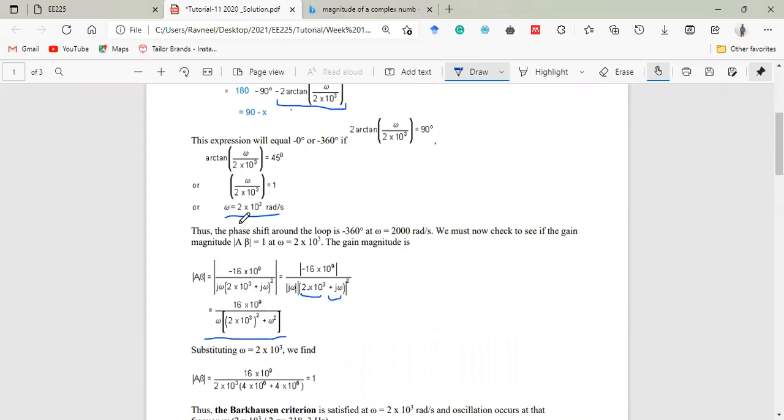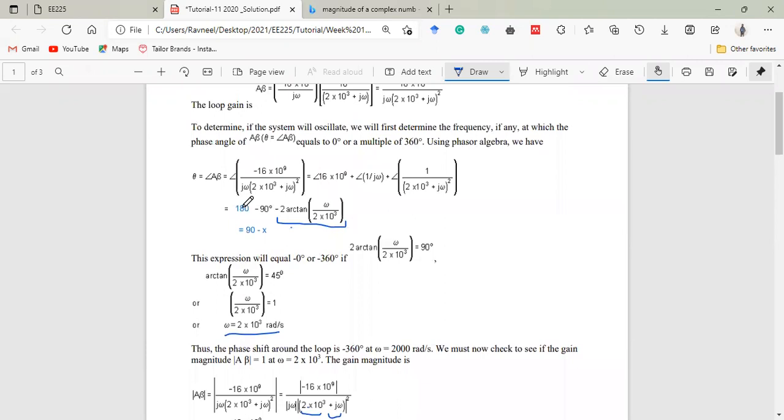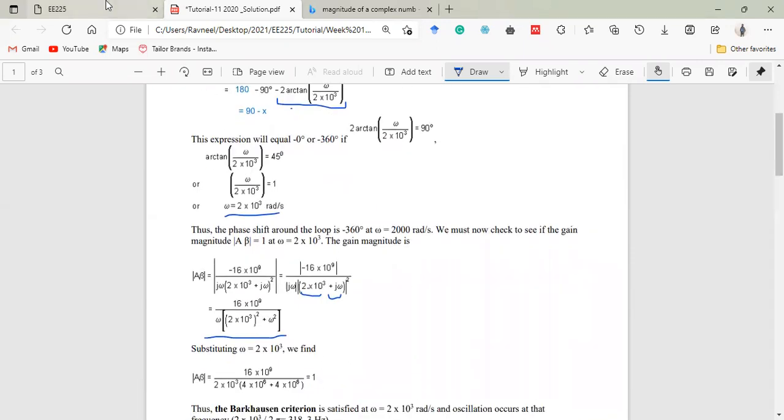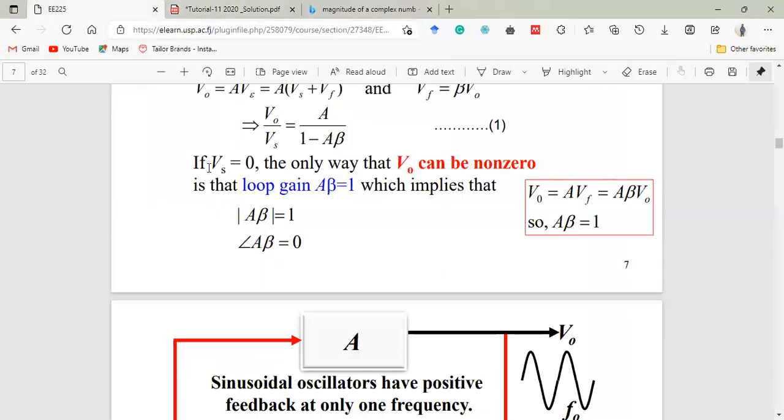We know that whatever omega value you got using the phase formula, once you take that and substitute it into the magnitude formula, it satisfies both the conditions, right? When we calculated the omega value over here, we ensured that the phase of A times beta is going to be equivalent to 0.